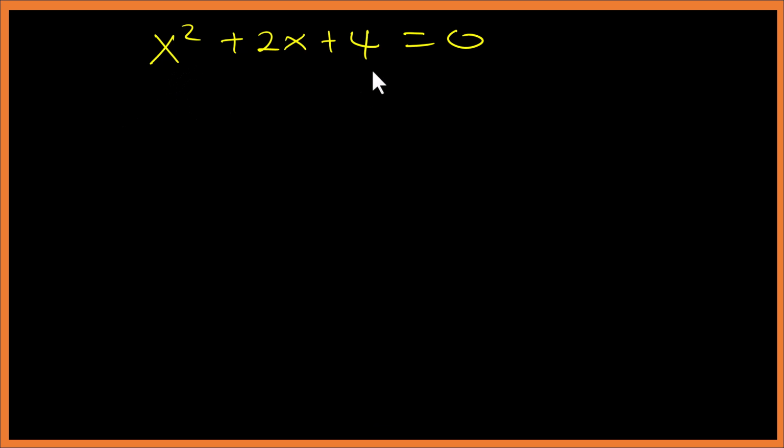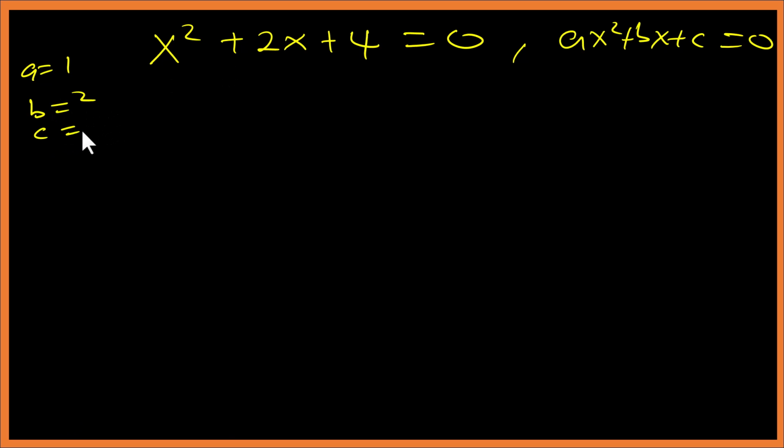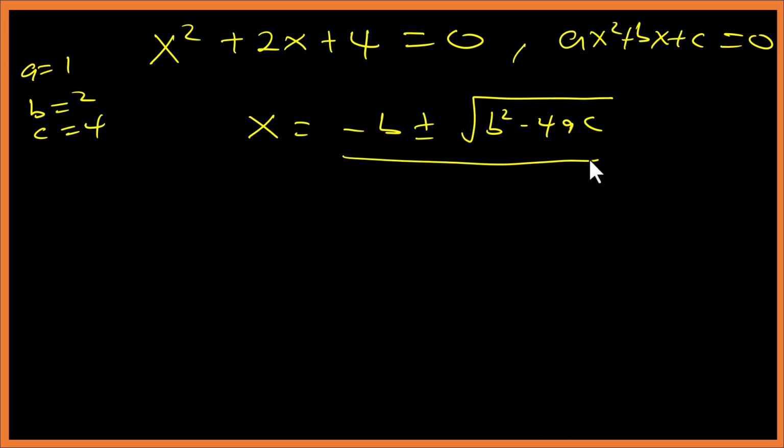So let's compare this one to ax squared plus bx plus c equals 0. So my a here is 1. So we have a equals 1, b equals 2, and c equals 4. So we can go ahead and use the almighty formula. So we have x equals minus b plus or minus the square root of b squared minus 4ac, over 2a.